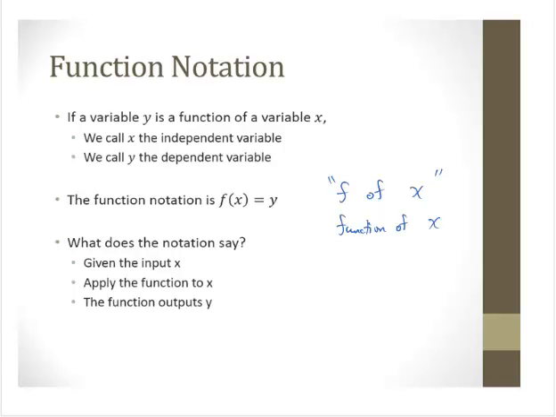Given our input x, we apply the function to x, and the function outputs y. And we often see that in some sort of a little machine or a box. So we input x, it goes through the function, we get the output y.